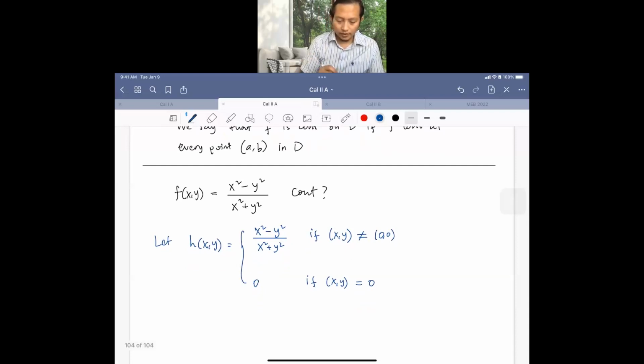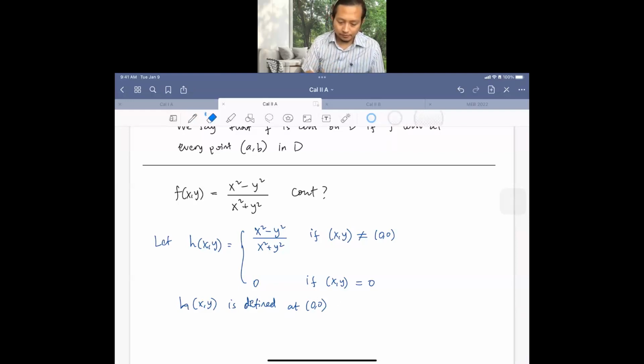If we let this piecewise h, this h is defined at (0, 0). Okay, we just write in the equations.